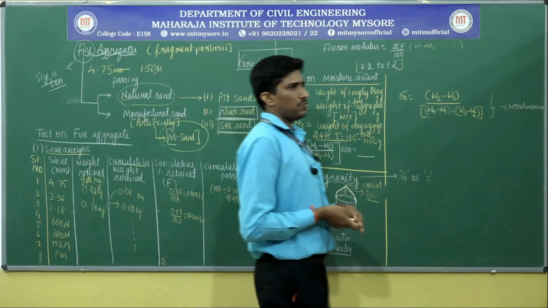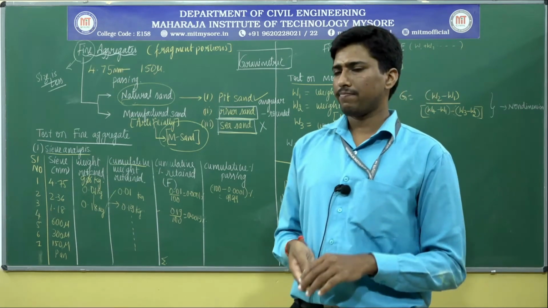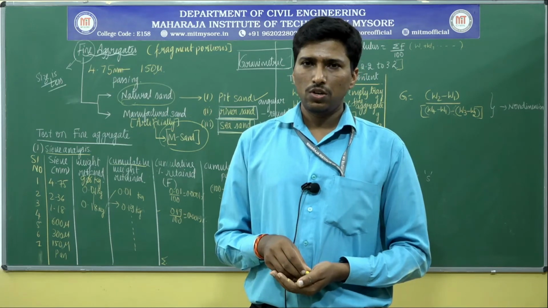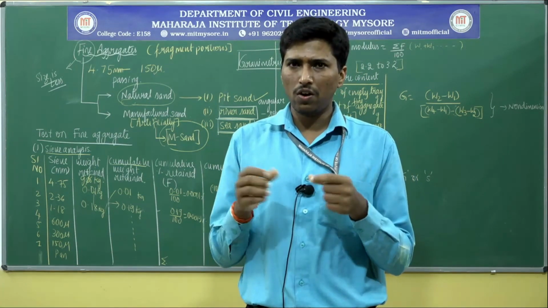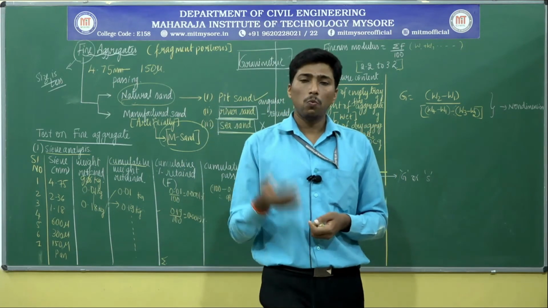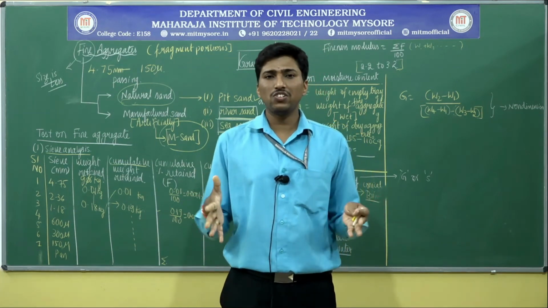What is the purpose? In the case of concreting, we have a special property to determine. With too much addition of water, or if the sizes are not properly or well graded, in that particular case, what happens? They go for segregating. Segregation takes place.